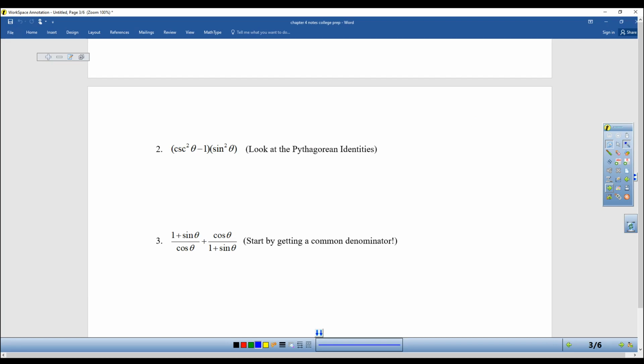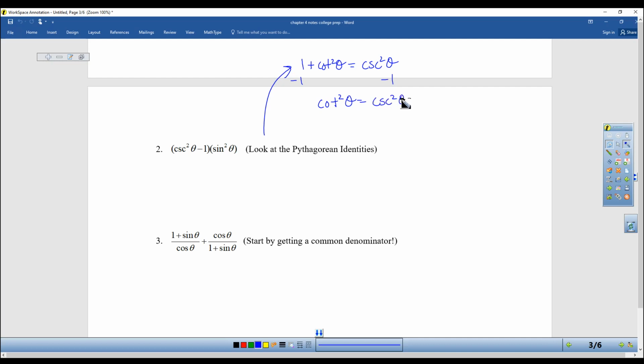Okay, so looking back at our Pythagorean identities, one of them is 1 plus cotangent squared theta is equal to cosecant squared theta. Let's rewrite that in a different format. You can rearrange this because you can see a cosecant squared and you can see a plus 1. So you can subtract 1 from both sides.